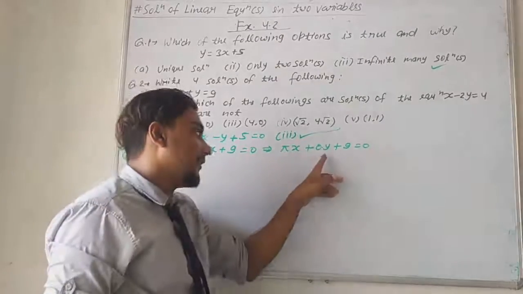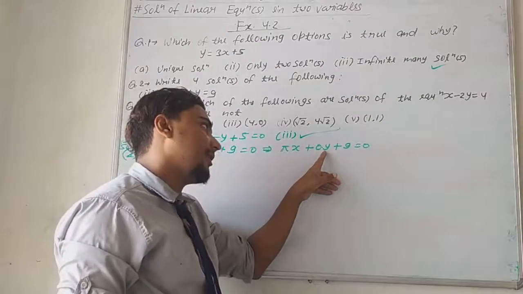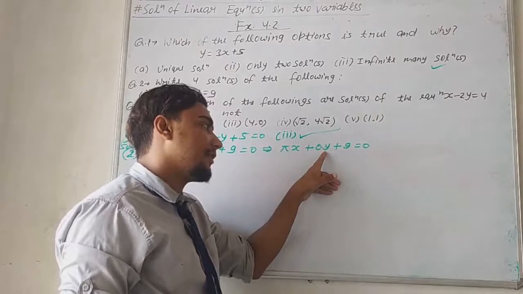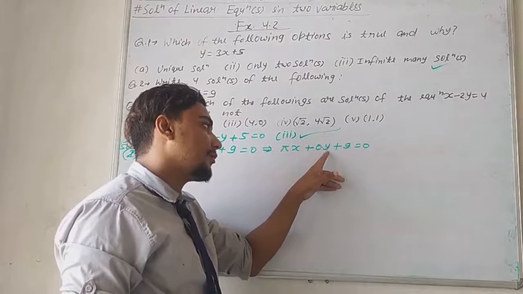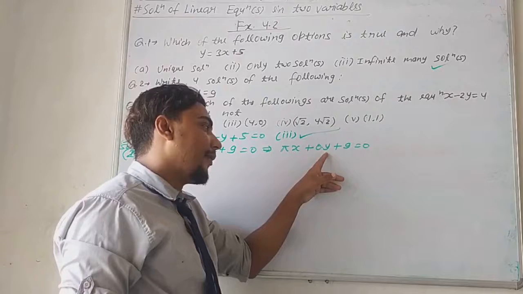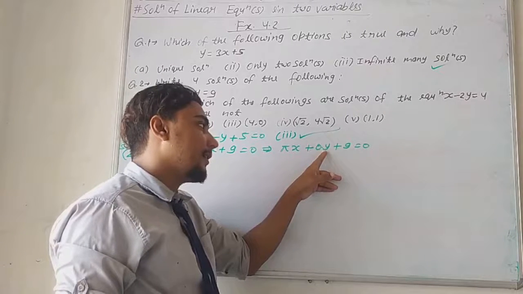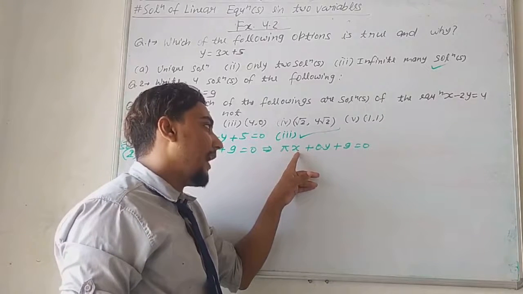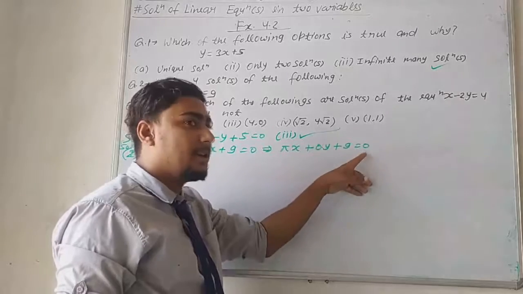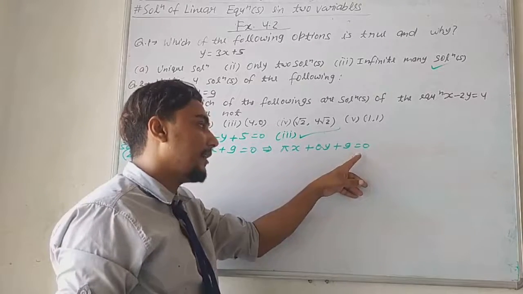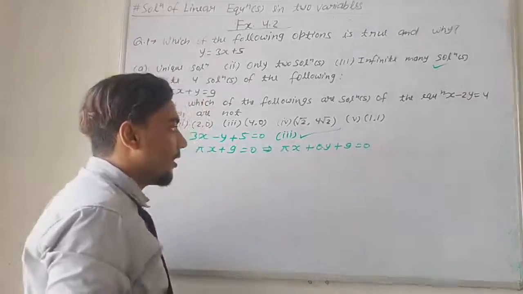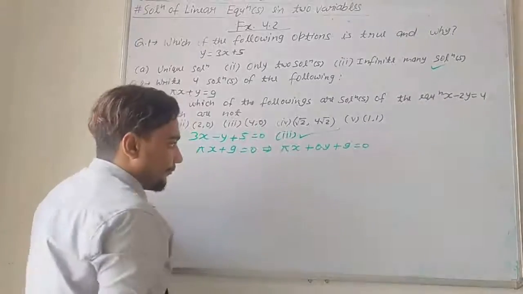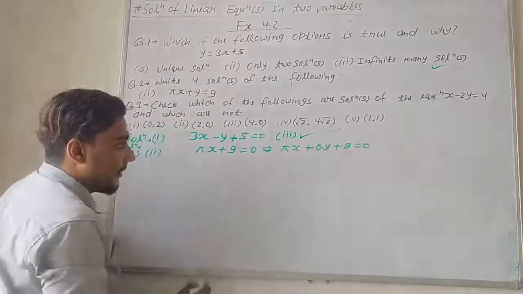Here we see that the coefficient of y is 0, so whatever value of y we take, we will get x equal to minus 9 divided by pi, for any value of y.